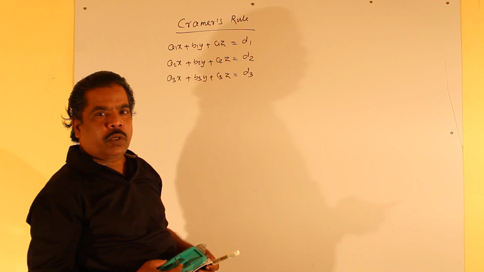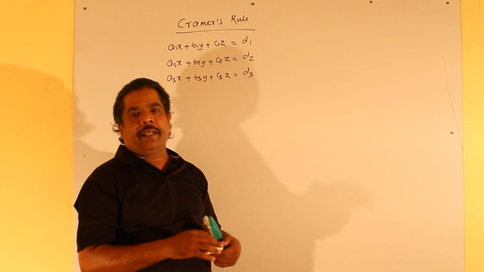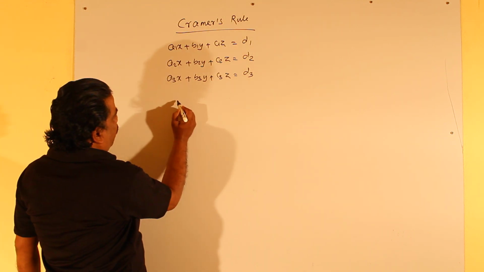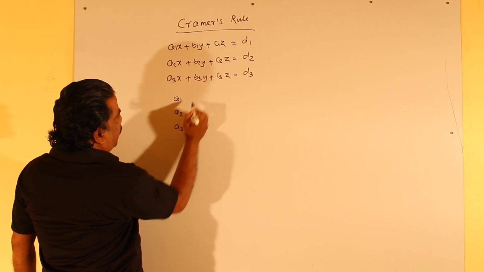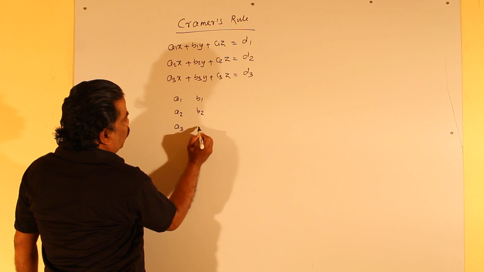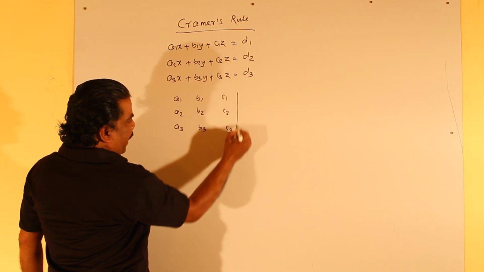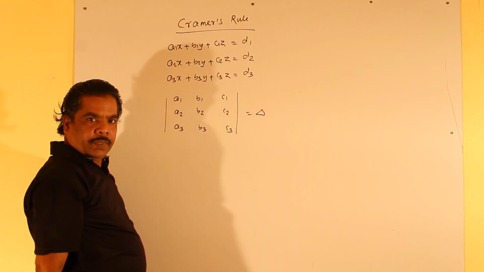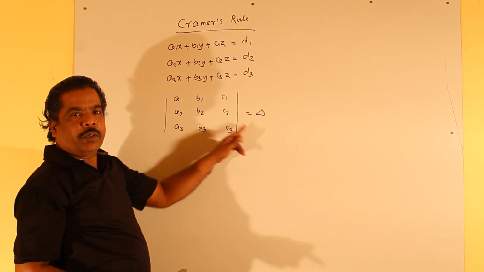Now Cramer's rule is a method to solve the equations by taking determinants. Let the determinant of coefficients a1, a2, a3, b1, b2, b3, c1, c2, c3 have the value delta.